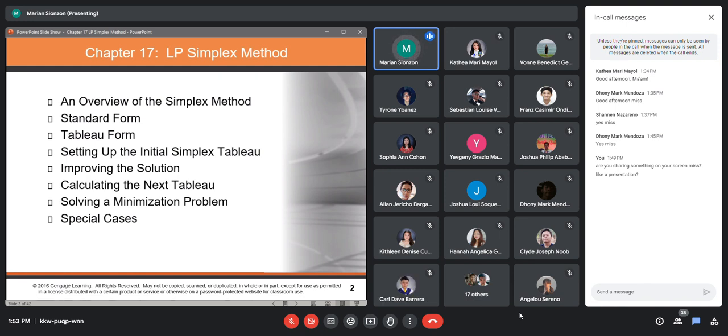Once you have the matrix format, the next thing will be standardization of the equations and the inequalities to be converted into equations. The rules will also be presented here. From the original matrix of coefficients, we will transform it into standard form.